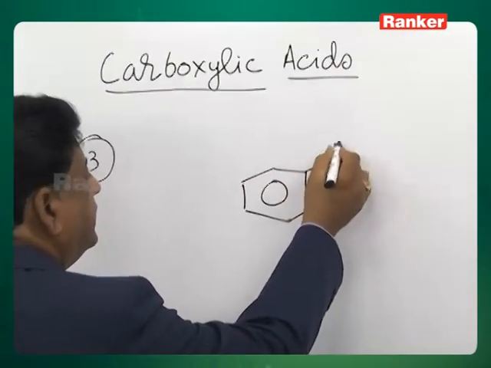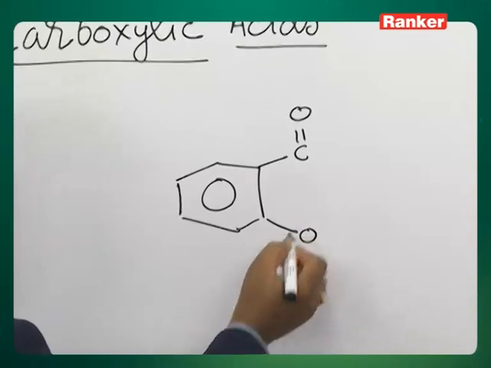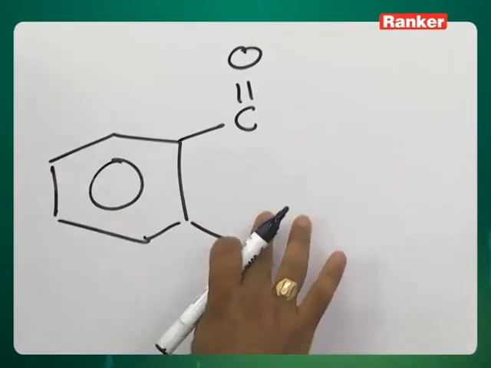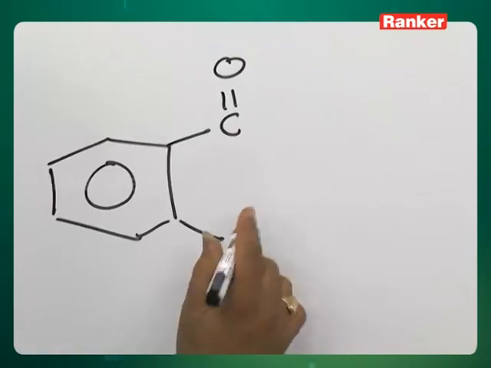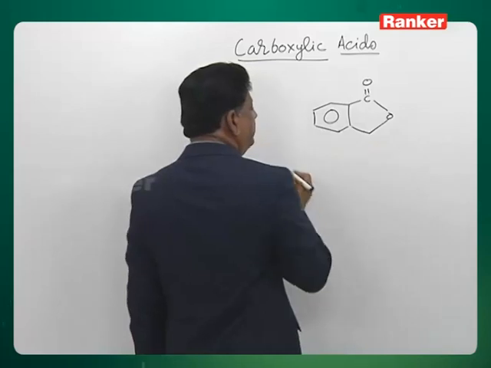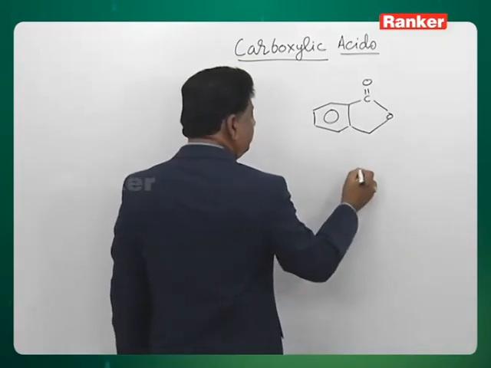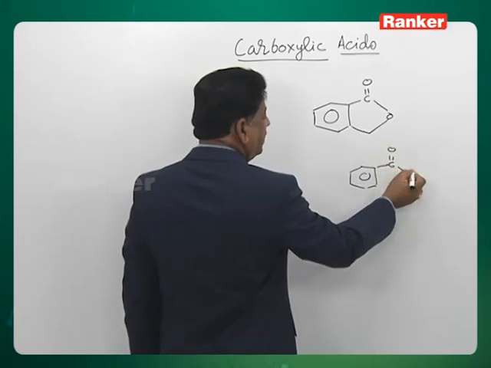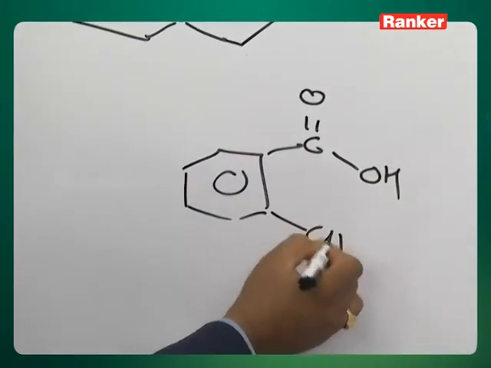If one side is acid and the other side is alcohol, it will automatically become a lactone. So this must be formed from a compound with an acid on one side and on the other side a CH2OH.